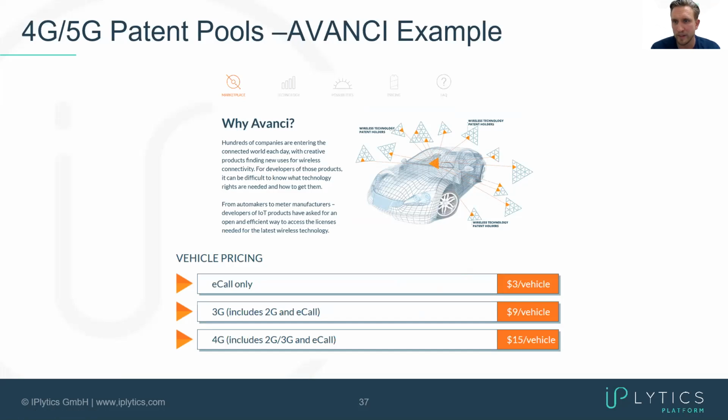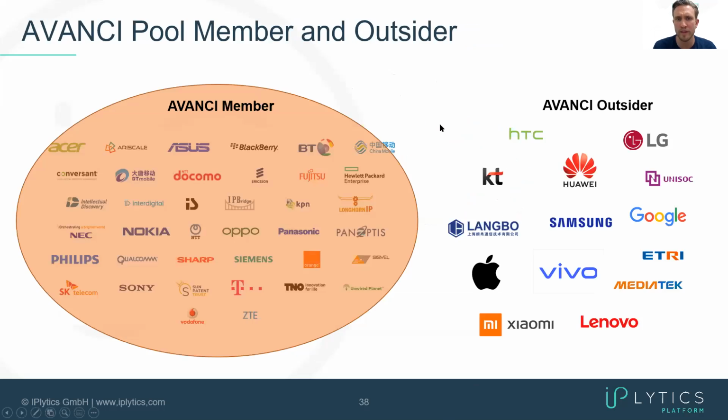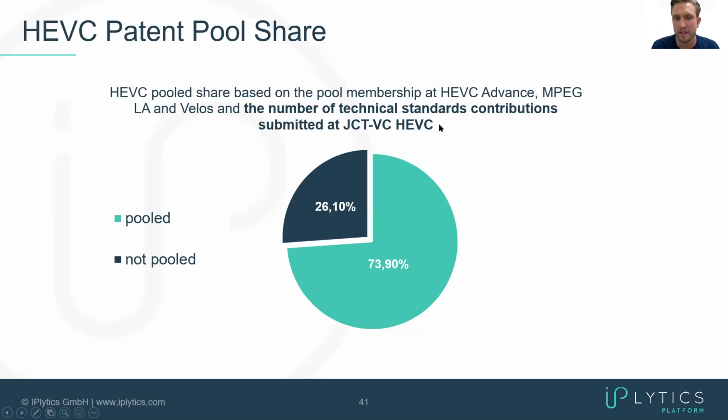Again, I'm sure if Avanci comes up with a licensing program for refrigerators, it will be cheaper to have SEPs for your refrigerator. That's just my assumption. But within one category of products like cars, there's no difference.